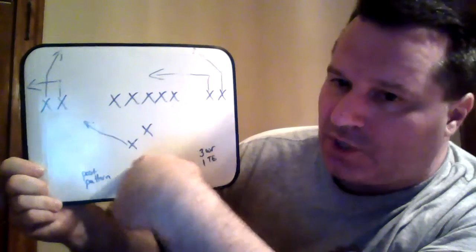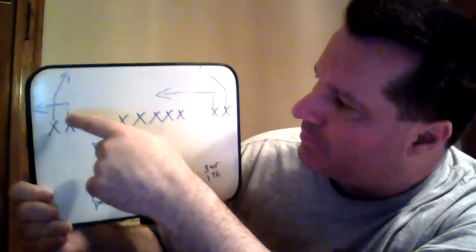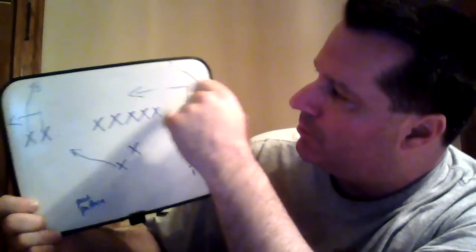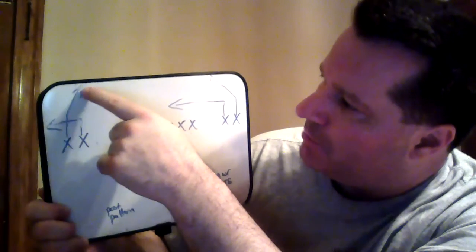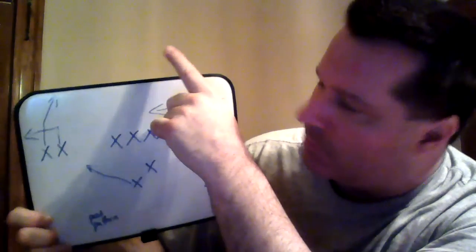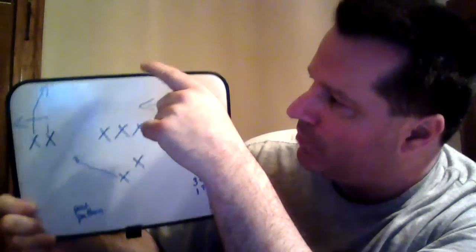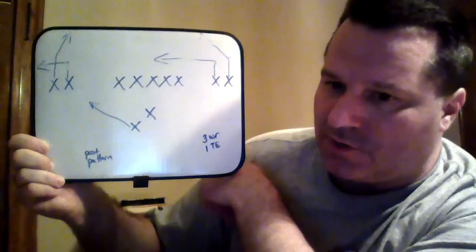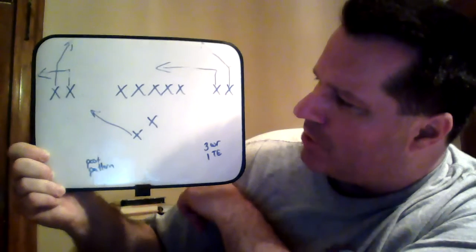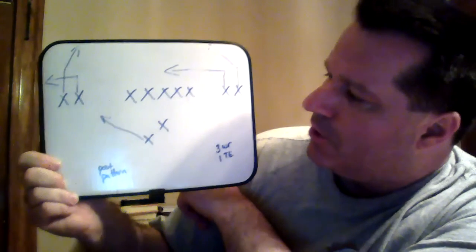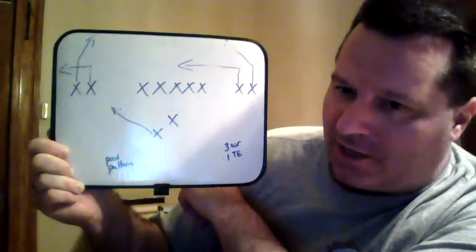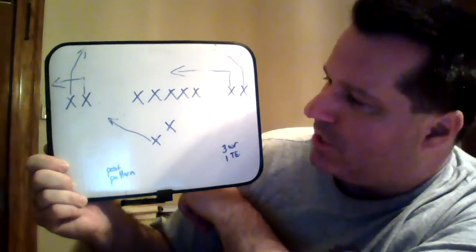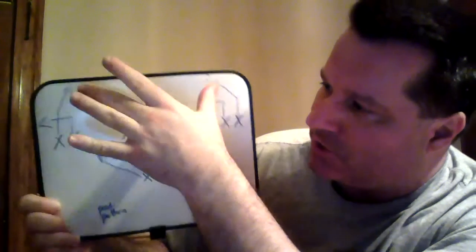But the main objective of this is the post pattern, which is kind of more like a skinny post, and that's a deep post pattern which would go up the field. You want to throw the ball up top to that wide receiver. You always want to take a shot because you don't want to be too conservative. Like some people have heard, Alex Smith, king of the checkdowns. You can't do that forever because eventually a defense is going to creep up.